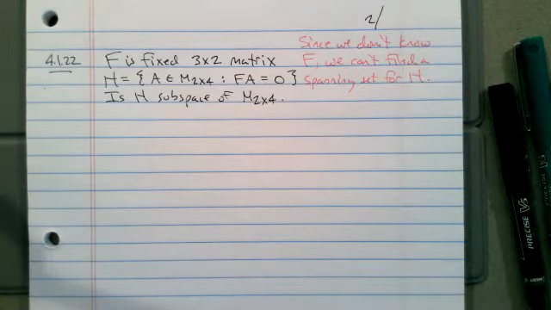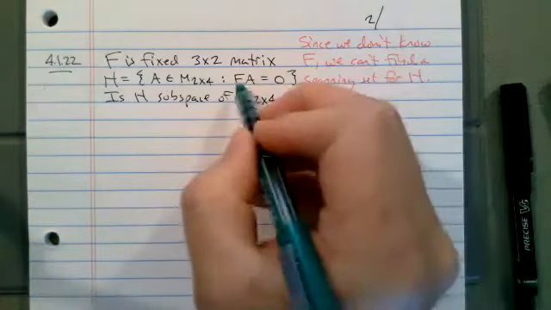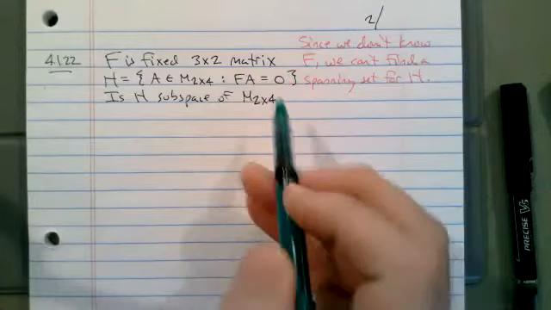So we're going to have to show the three things. We're going to have to show that the 2×4 zero matrix is in there, that if we take two matrices here, their sum will be in the space, and a scalar multiple of any vector in the space will be in the space. So here is the defining characteristic. This is what it means to be in the space.